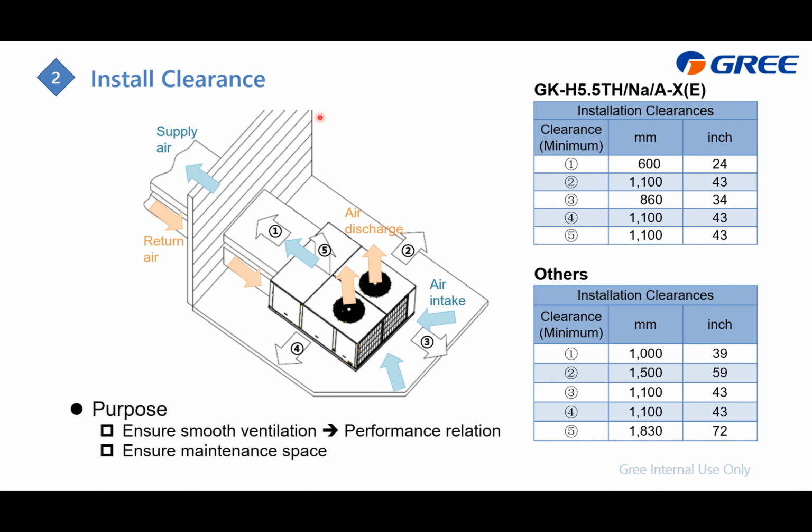On the other hand, when there is something wrong or you need to change the components inside, for example, to change the compressor, you need the space. That means ensuring the clearance ensures the maintenance space. As for the detail, we have already listed the clearance distance in the owner's manual.